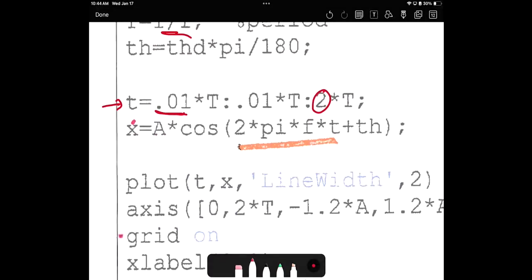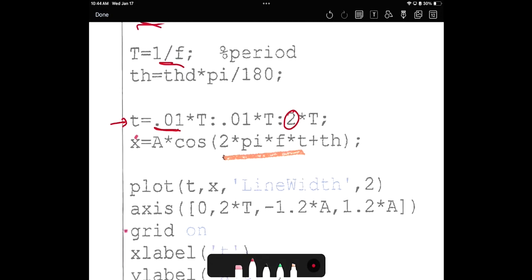So x of t equals cosine of 2 pi f t plus theta. Keep in mind, everything must be in radians. That's why we make theta times pi over 180, because we convert everything to radians. Here theta d is in degrees, and this theta is in radians. So we converted the phase shift to radians.